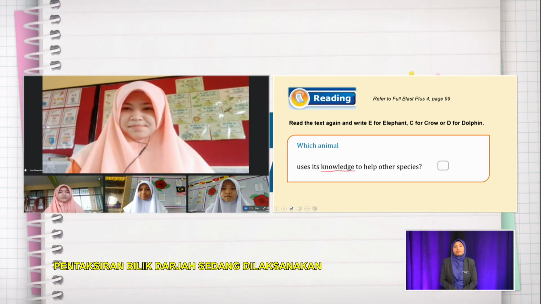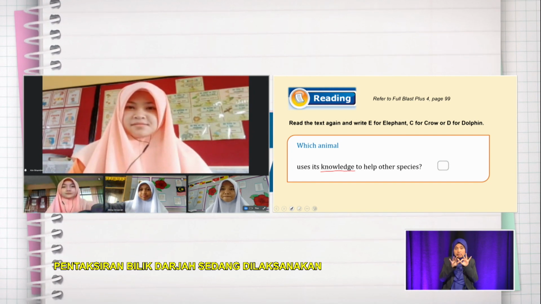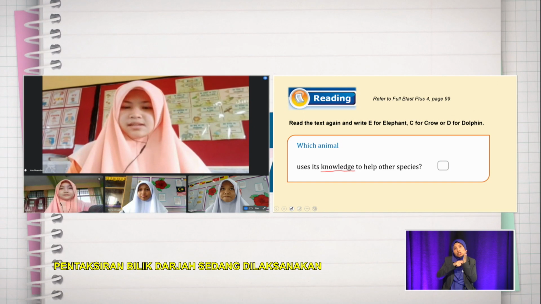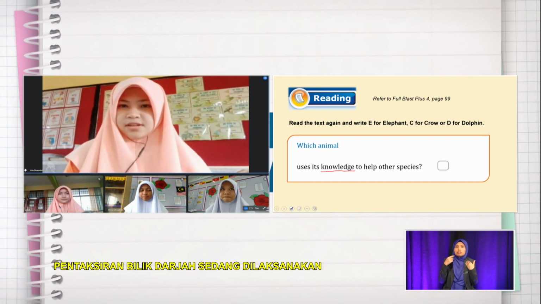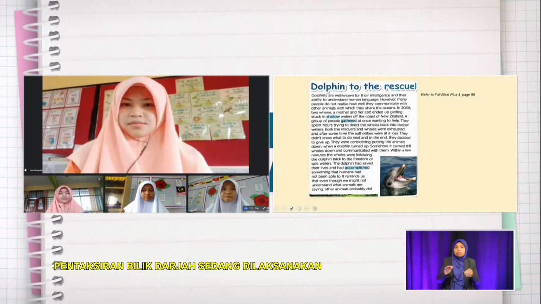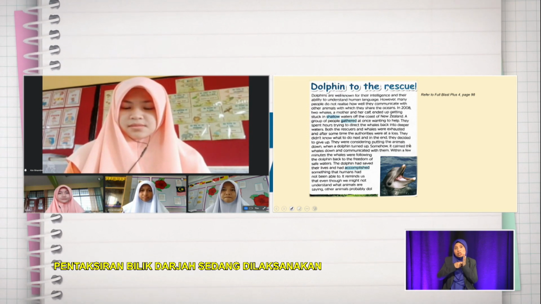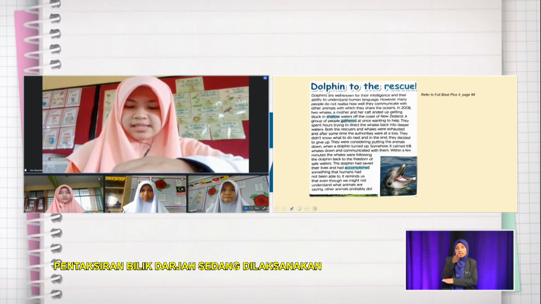All right. So let's see. In which text can you find the similar keyword to knowledge? Is it in the text Dolphin to the Rescue? Let me check. So can you please identify the similar keywords to the one in the question? Dolphin has the ability to understand human language.